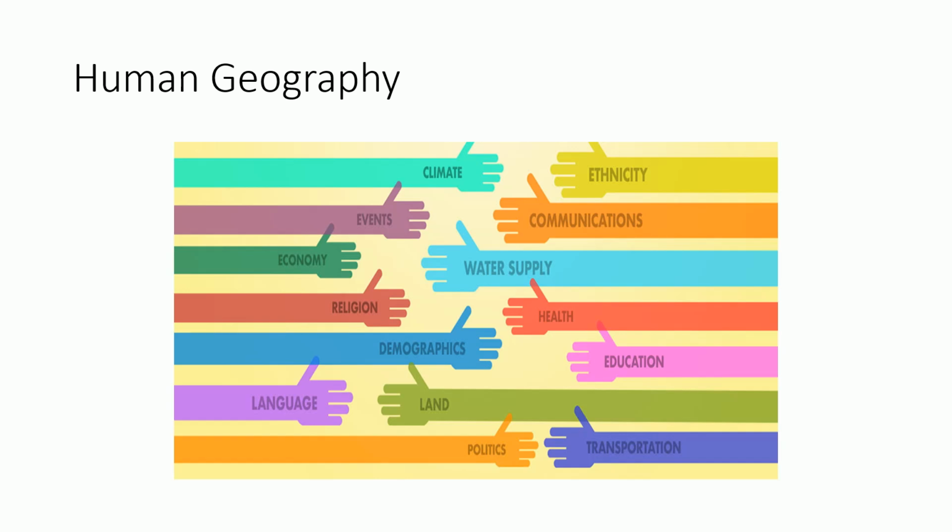You can learn about the Kurds, which are a minority group that exists within the Middle East. They are a people that exist without a country of their own. Or an example from the United States would be Native American tribes and the ways that they have lived with and interacted with the U.S. federal government while trying to maintain their own unique and distinct identity within the larger American population. So that's how we study human geography. And those are the things that students will come to understand as they study human geography.